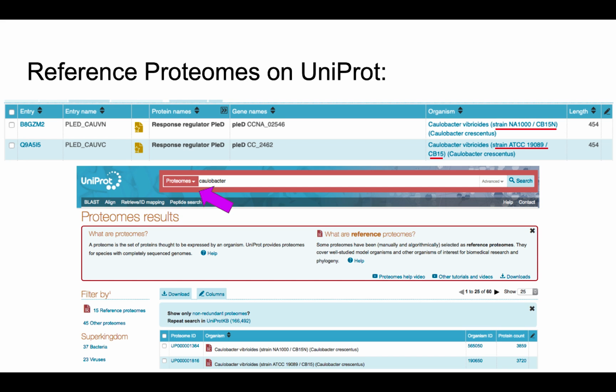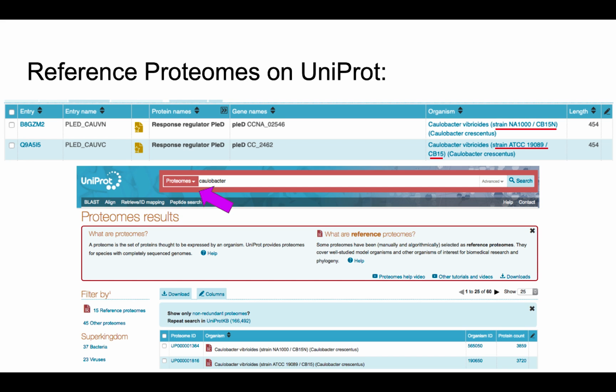If you're searching for a particular kind of organism, in this case, if we were looking for this PLED protein, and the paper used a specific strain, but they're making a claim about all Caulobacters, you'd want to ask, should I annotate this strain, or this strain, or what if it's not either of those strains?